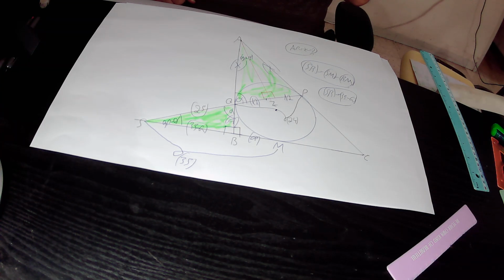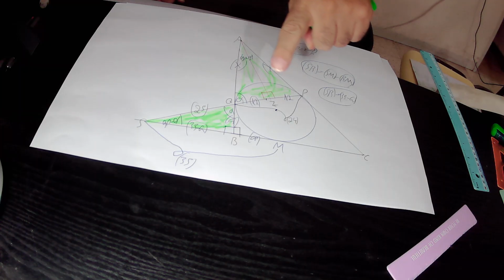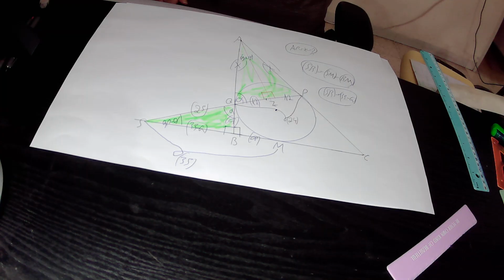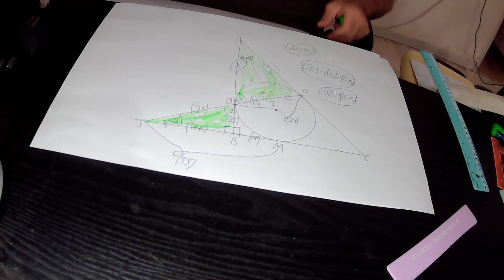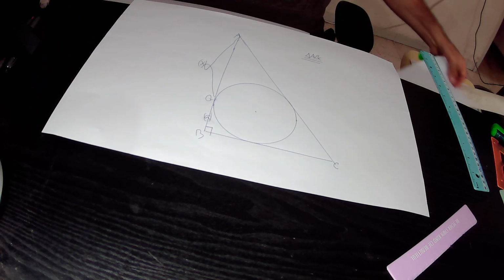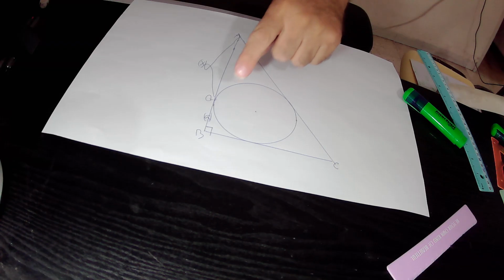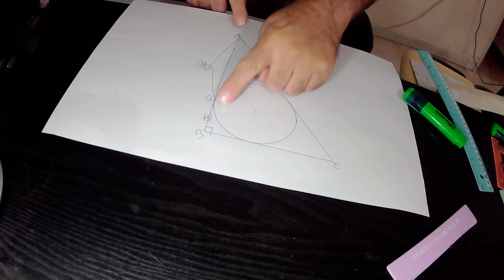So I copied this right triangle ABC with its circle that is inscribed inside it in a new drawing, and we analyze the new drawing in order to find out what is the real value of A. Okay, this is right triangle ABC with its circle that is inscribed inside it, that I copied from the original drawing. We already found out that QB equals A and AQ equals X.